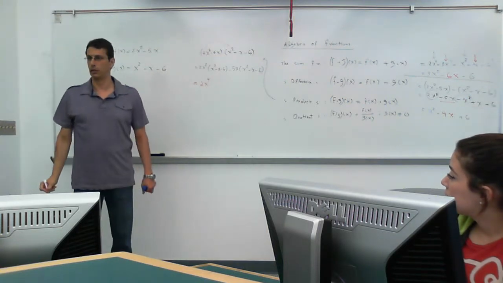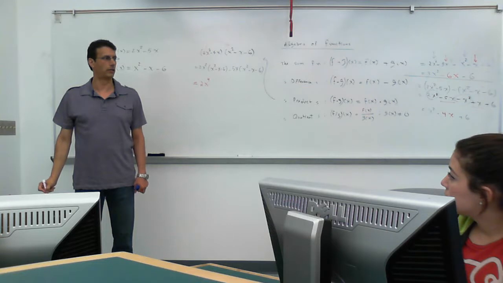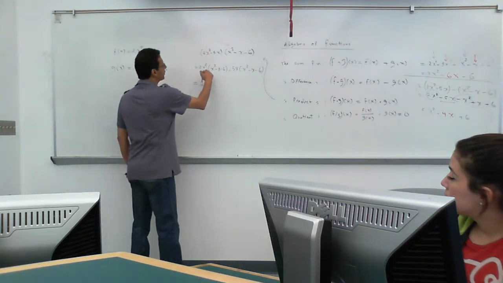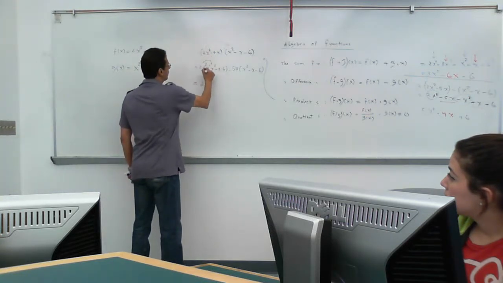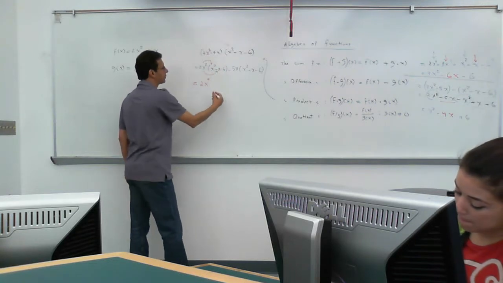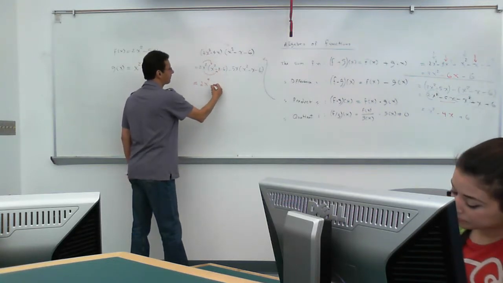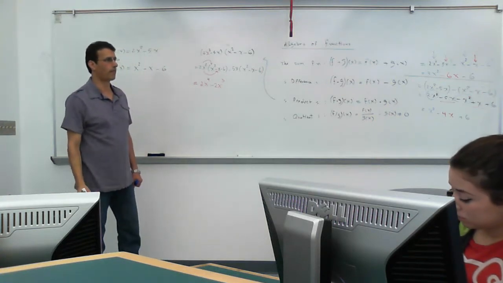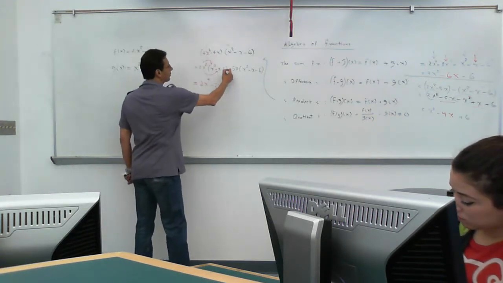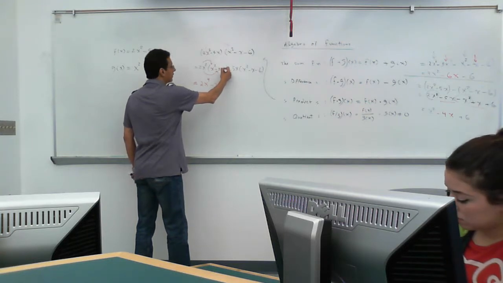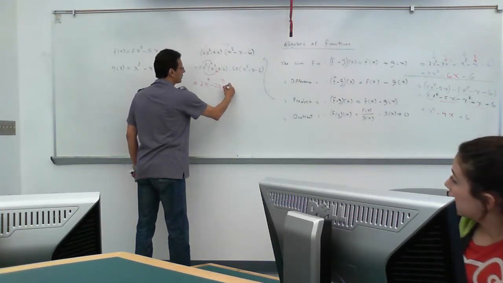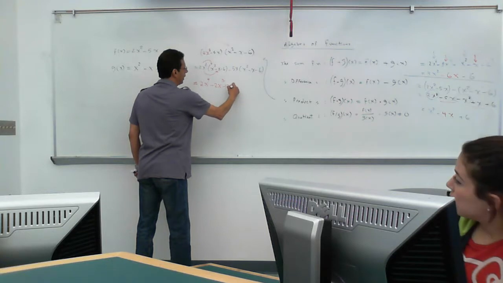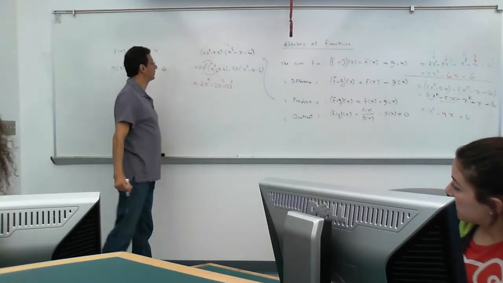The exponential rule, in this case the product rule. 2x squared times negative x, what is that? Minus 2x cubed, is that right? And then finally multiplied by the constant, which gives us 12. Yes. Okay.